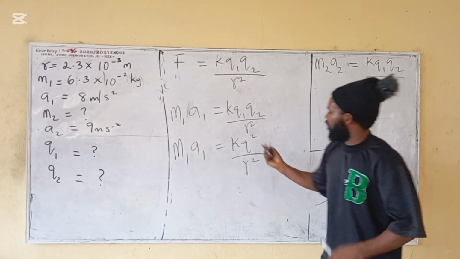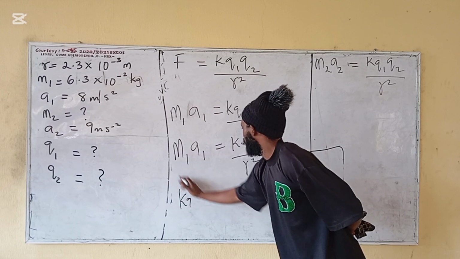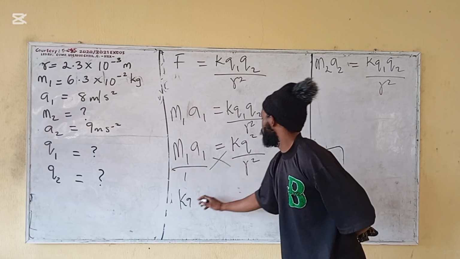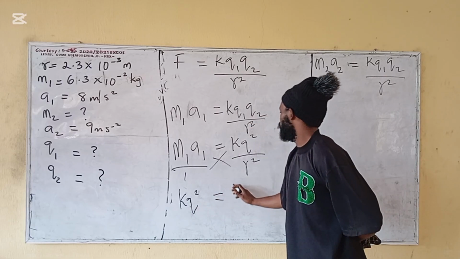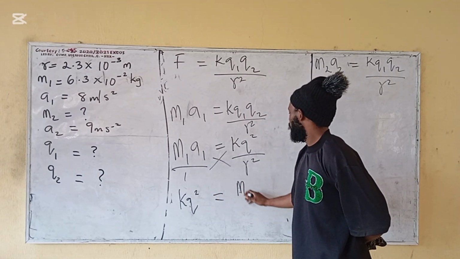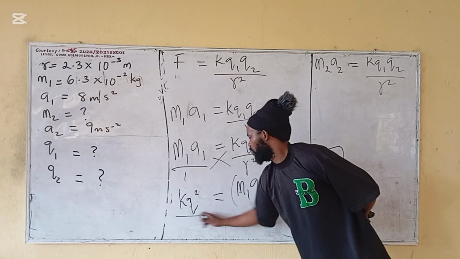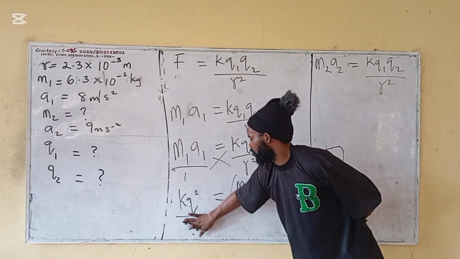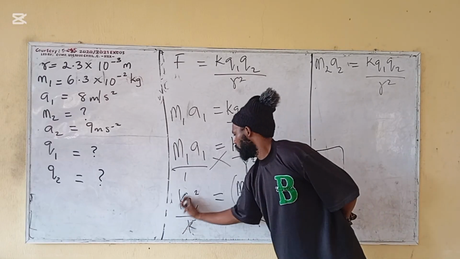So that by the time I do it, I say that this is going to be the same thing. Let me make Q subject of the formula from here. It's going to be over 1, cross multiply, so that I have Q squared times 1 equals M1A1 R squared. So making Q squared the subject of the formula all over Q, this will cancel this.